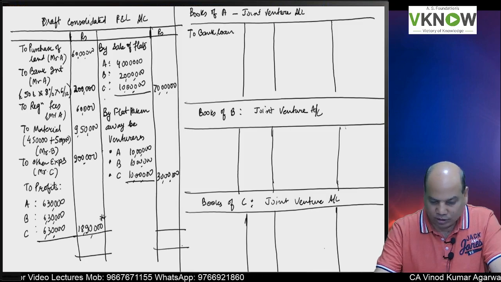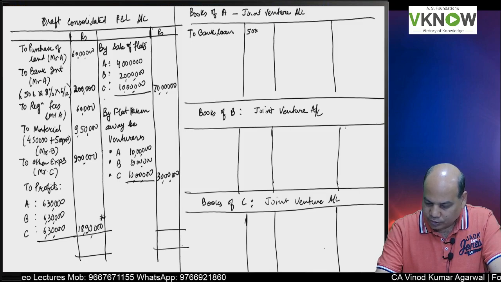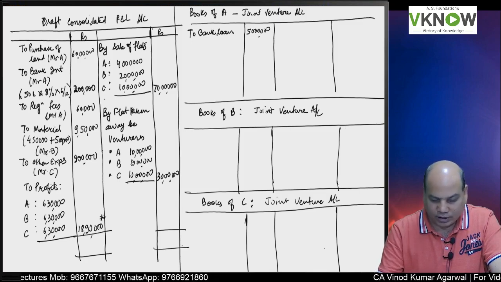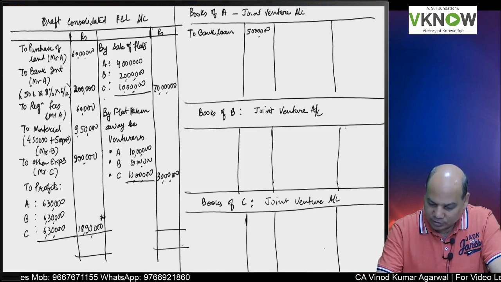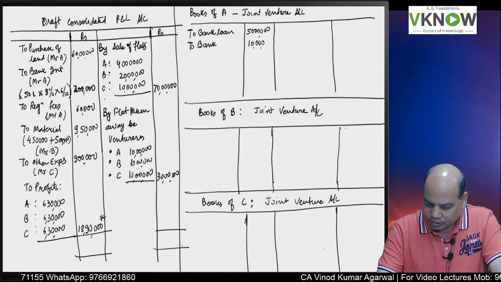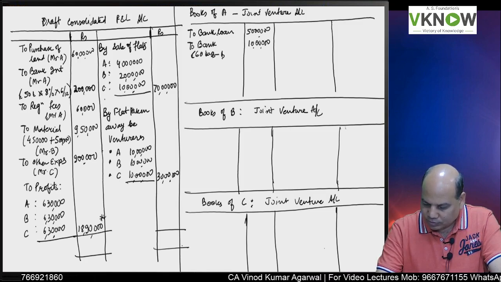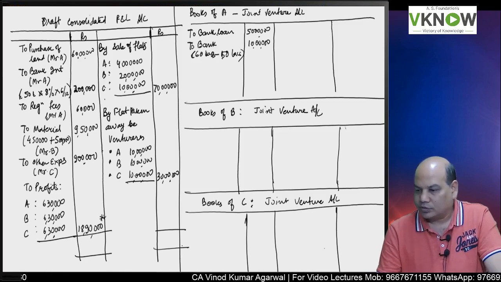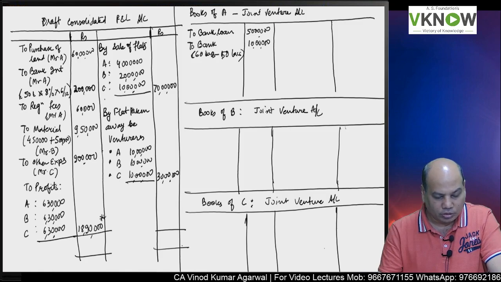He has taken a bank loan for the purpose of purchase of land 50 lakh, and he has paid from his own pocket also 10 lakh. This is 60 lakh minus 50 lakh loan.